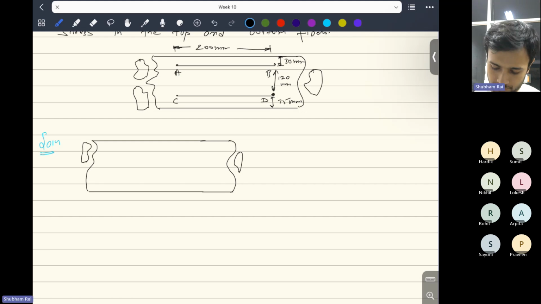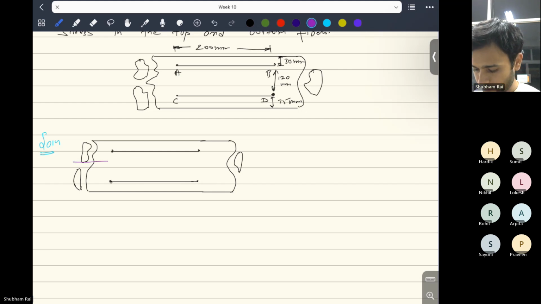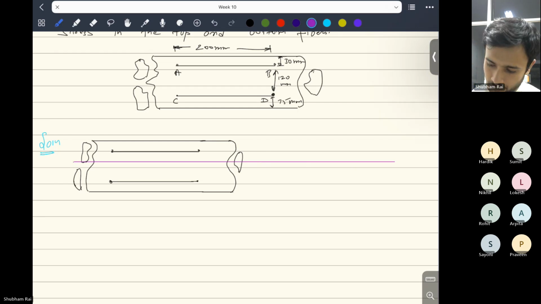Okay, so let's say this is fiber AB. Fiber CD. I'm just showing the fibers. Let's assume that the neutral axis is lying somewhere here. And I'm just extending these lines.